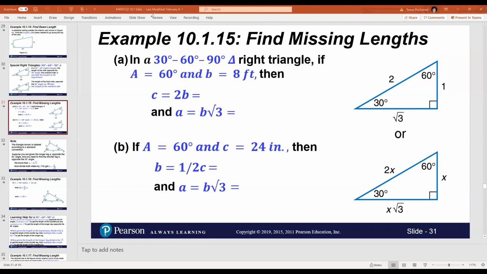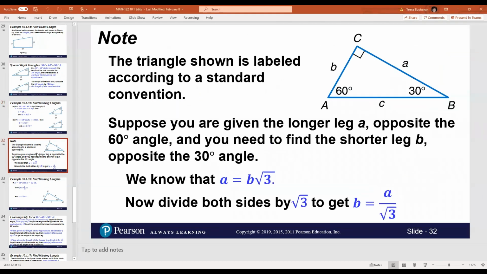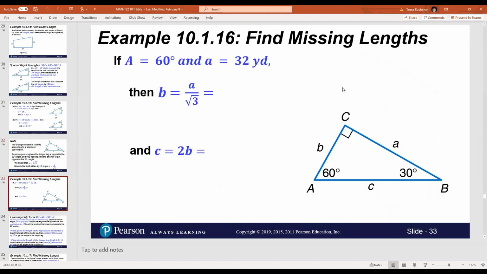Okay, so let's do something with that. So we are here. Find missing lengths. So if A is the 60-degree angle, right there, the naming conventions go is that you use capital letters for the angles, and then you use the corresponding lowercase letter for the side that is opposite that angle.